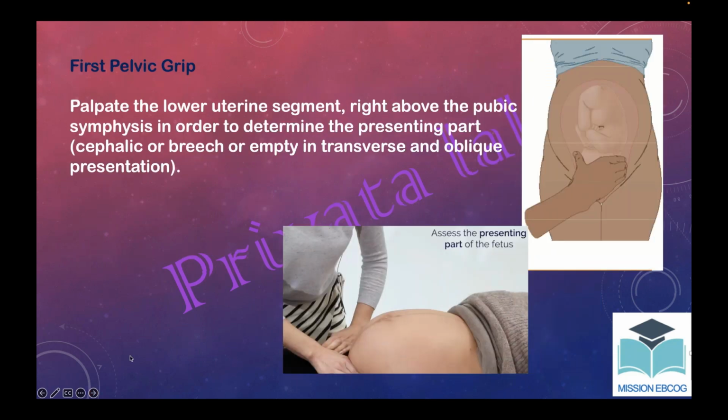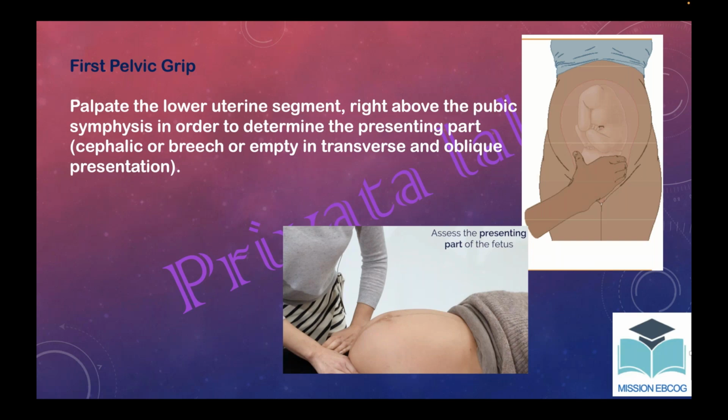Then there would be the first pelvic grip. In the first pelvic grip, again, you are looking at the face of the patient and your fingers are pointing towards the patient's face. You extend your hand so that your thumb and the four fingers lie in an extended manner over the symphysis pubis.